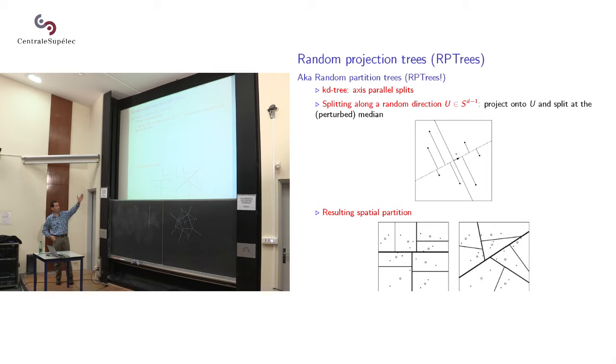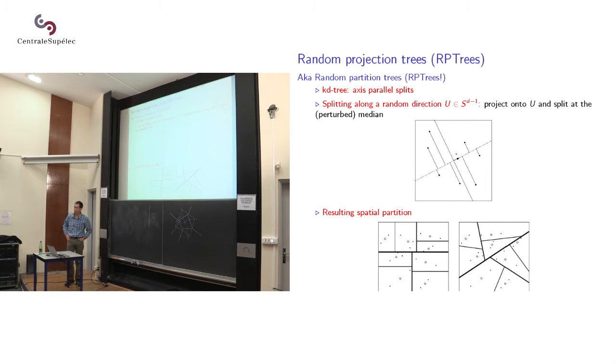In a kd-tree, of course, we have hyperplanes orthogonal to axes to run the partition. And in a random projection tree or random partition tree, as you can see, we have splits which now are at random, right?